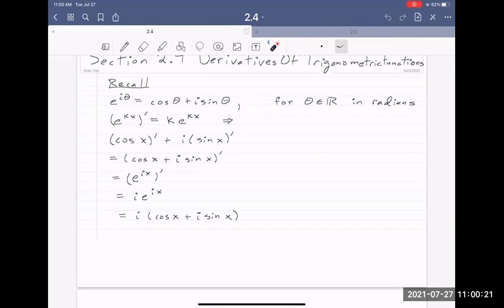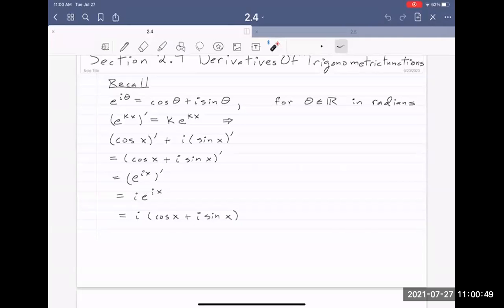So let's derive all of these derivatives using this formula. So let's recall: e to the i theta is equal to cosine theta plus i sine theta. And this is true for any real value theta, so long as we're doing this in radians.